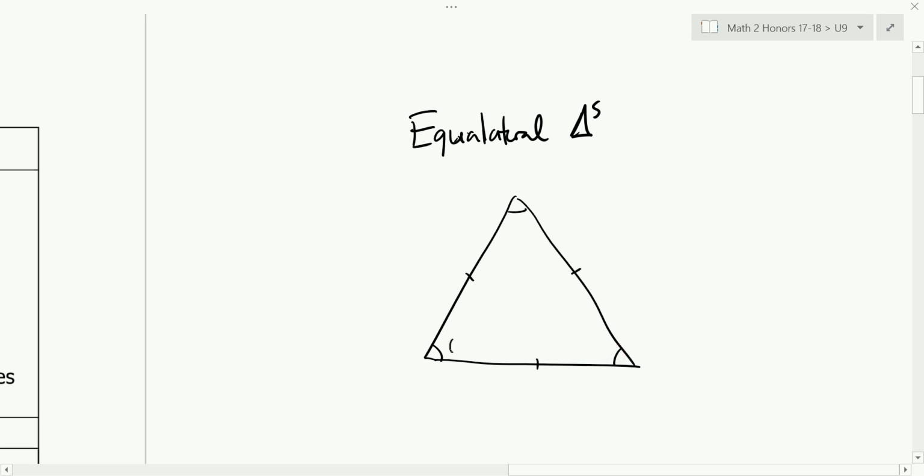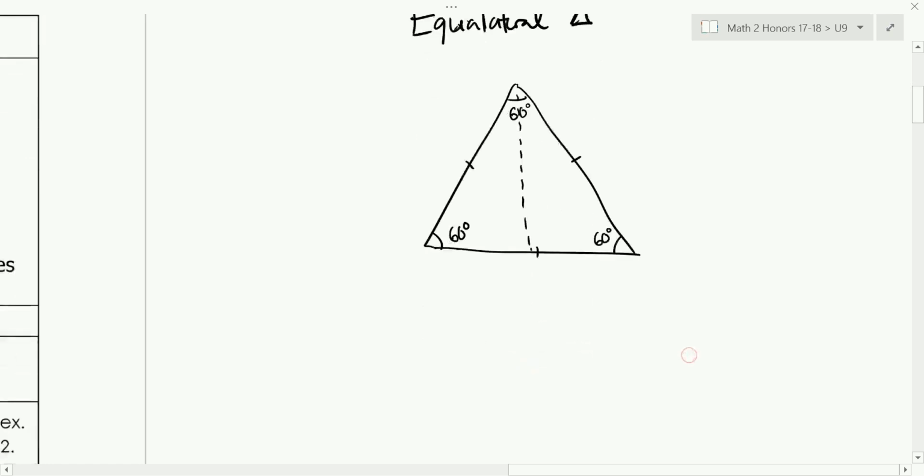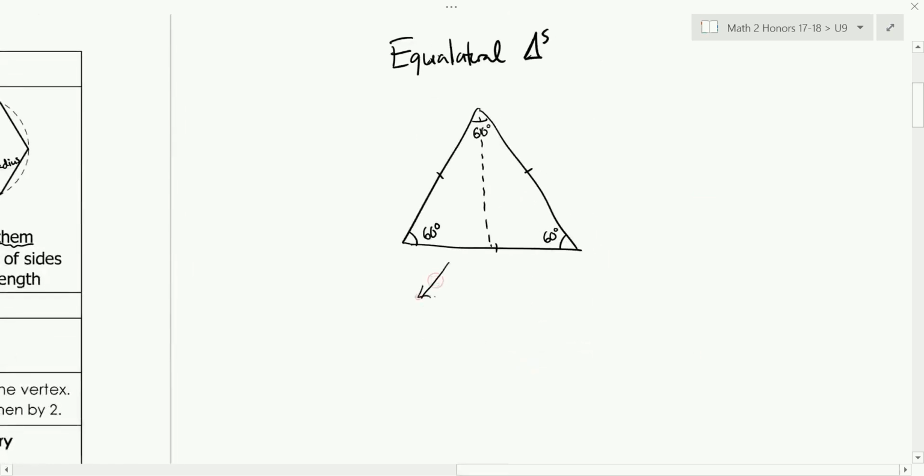The measure of those angles are 60 degrees. Okay. Good. And so if I give you a side length, we notice that, hey, if we cut this down the middle, something nice happens. It splits into what? Okay, it splits into two 30, 60, 90 right triangles. And we've worked with those before.